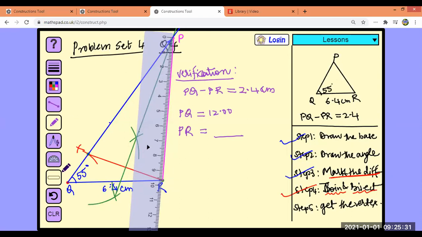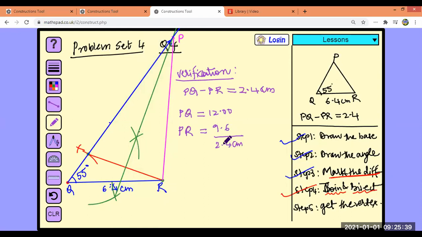Okay, so that's 9.6. And now if you subtract, this would be 4, and that's exactly 2.4 centimeters. You see the difference is 2.4 centimeters. So that completes the verification also.